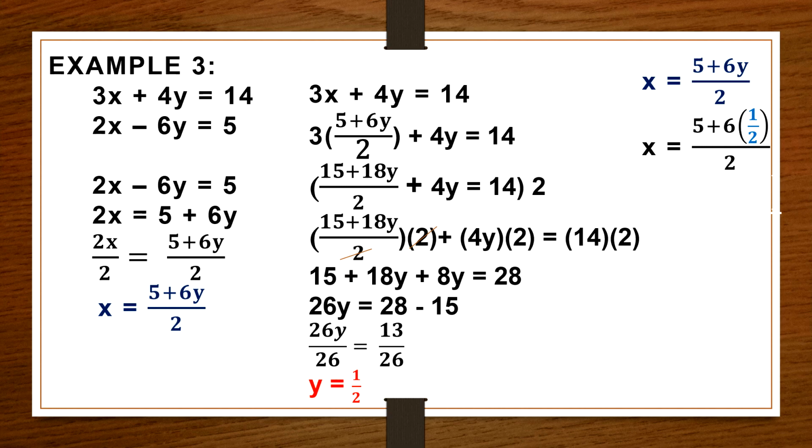Multiply 6 to the numerator: 6 times 1 is 6, then divided by 2 is 3. Then add in the numerator: 5 plus 3 is 8, over the denominator 2. Then 8 divided by 2 is 4. So the value of x equals 4 and the value of y equals 1/2.